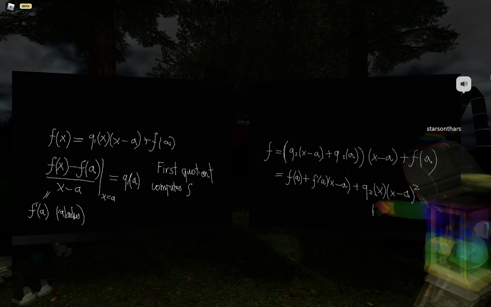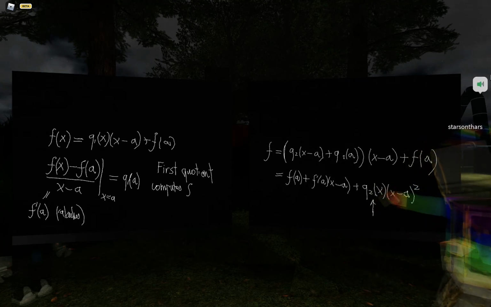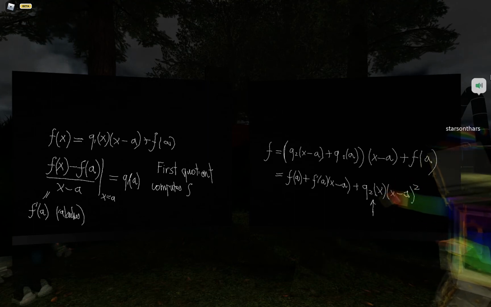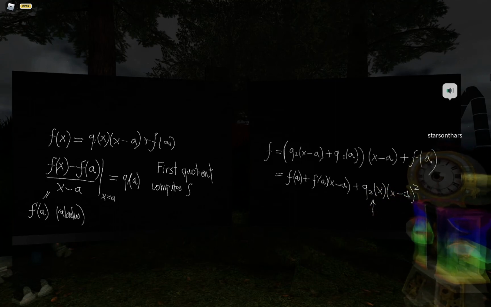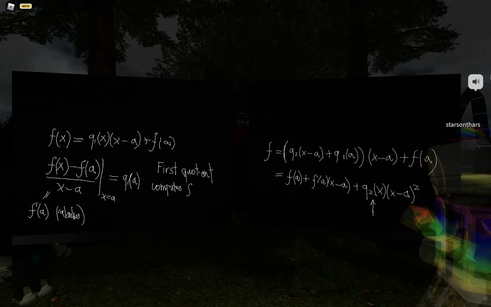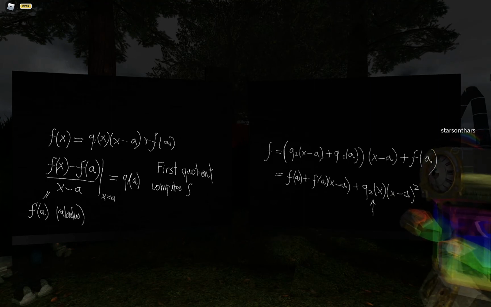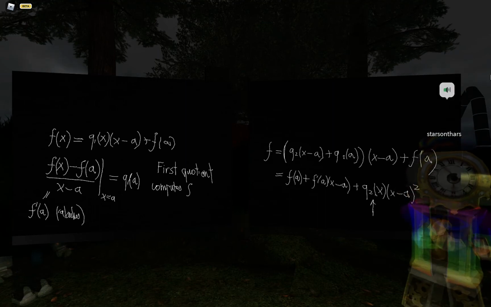Inside here, I can keep dividing. And hopefully you see the pattern. The coefficient of x minus a will give me the next order thing. The remainder here will be q2a, which is f double prime a times 2, and so on. Maybe you're wondering where the 2 comes from.